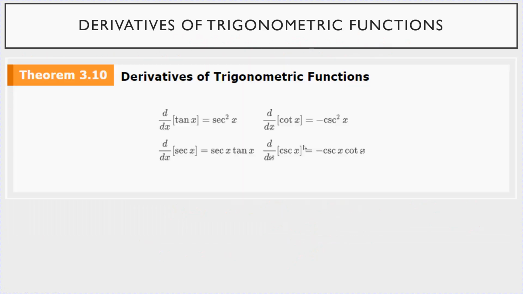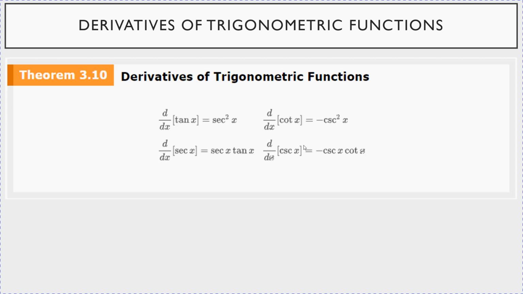Now let's talk about the derivatives of trigonometric functions. So I'm going to prove one of these to you, but let's just go through these here. The derivative with respect to x of tangent of x is just secant squared of x. The derivative of cotangent of x is equal to minus cosecant squared of x. Derivative of secant of x is equal to secant of x times tangent of x.